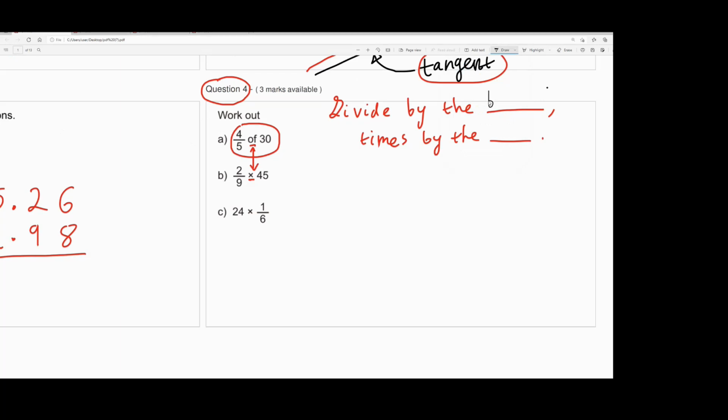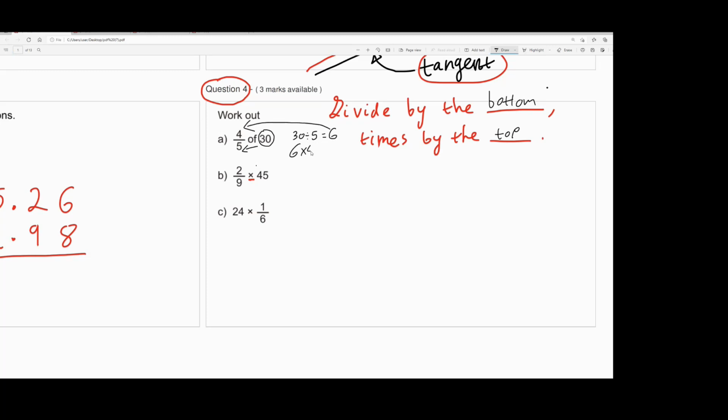So we divide by the bottom times by the top. So with this first one, 4/5 of 30, you'd have to do 30 divided by 5, which would be 6. And then you'd have to take your answer and times it by 4, which is the top.